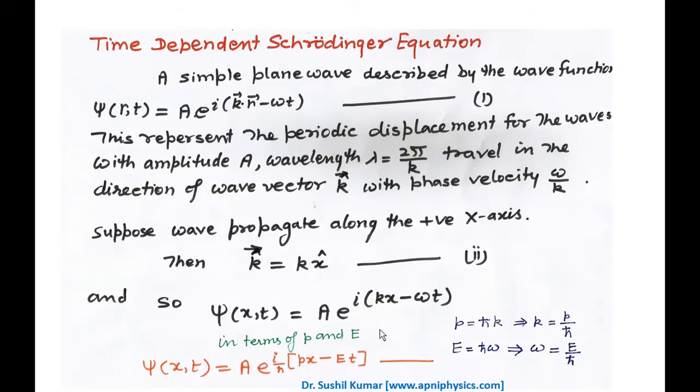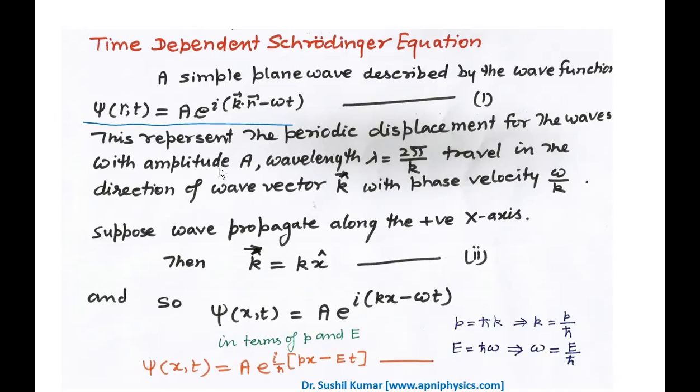Now the second part of the Schrodinger equation, that is the time dependent Schrodinger equation, in which a plane wave basically is used to describe the wave function. Psi of r, t, this in 3-dimensional space, is equal to A e to the power i (k dot r minus omega t). So this psi basically represents the periodic displacement for the waves, right?